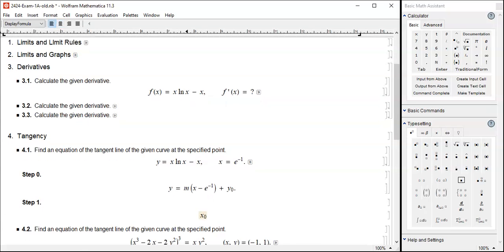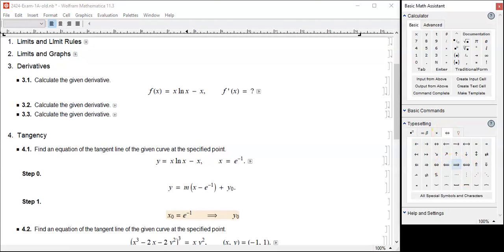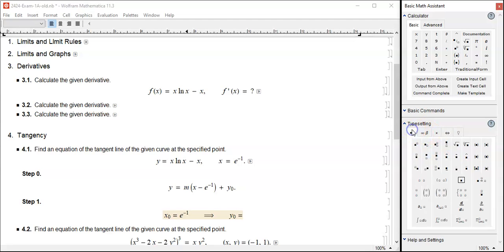Okay, x0 is e to the negative 1 power. So let's find out y0. And all you have to do now is to plug in directly here. So here I'm plugging in e to the negative 1 power in place of all those x's.